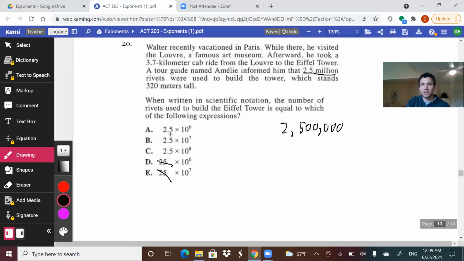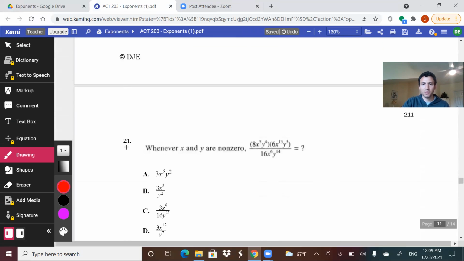So we need 6 numbers between the 2 and the decimal point, right? If you think about it, here's the 2, and we have these 6 numbers between the 2 and the decimal point. So the answer is going to be A. 2.5 million is represented by 2.5 times 10 to the 6.